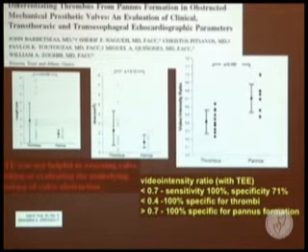TEE also can differentiate thrombus from vegetation. This is a study from John. He measured the length, area, and video intensity ratio, and he concluded that video intensity ratio is accurate for differentiating thrombus from vegetation.